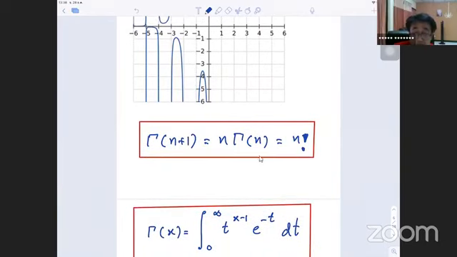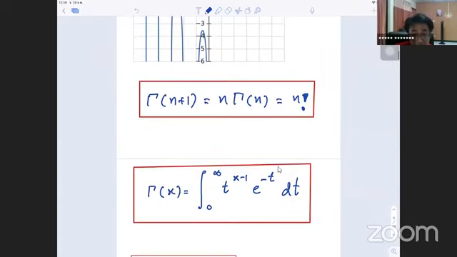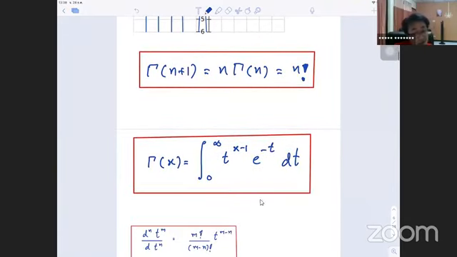The gamma function is defined by this. This is the relation of the gamma function and the factorial function. And this is a formula of the gamma function in the form of an improper integral.